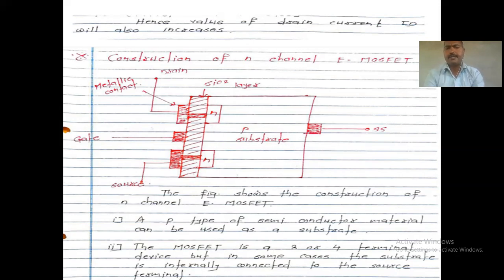What will be the difference between your N channel E MOSFET and the N channel D MOSFET? That I'm telling you. When we study D MOSFET and E MOSFET, the first thing to remember is that in case of E MOSFET there should not be formation of a channel in between the two N. That will be the difference. That is the basic difference.